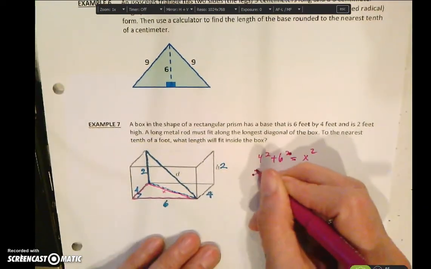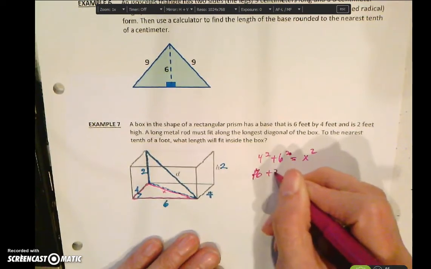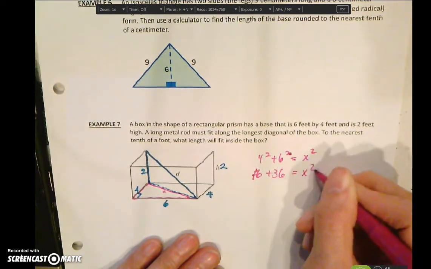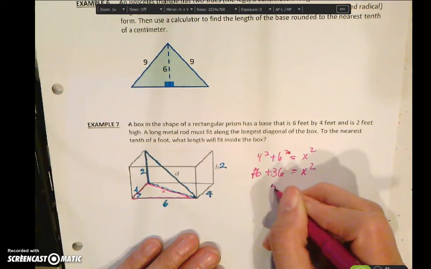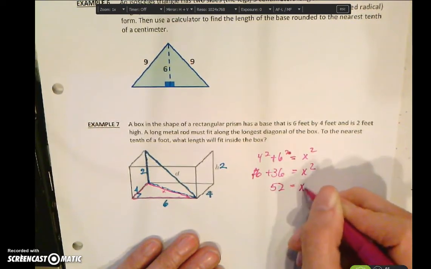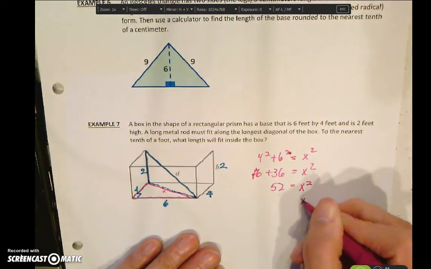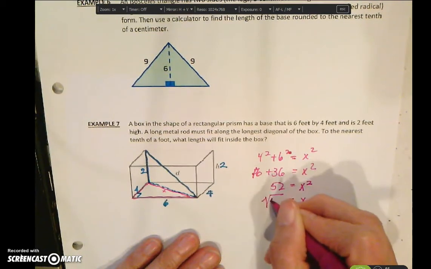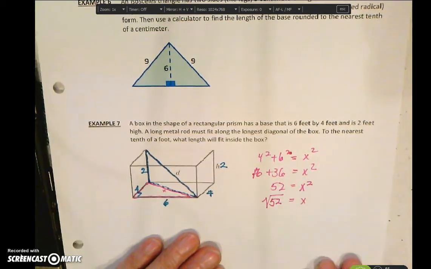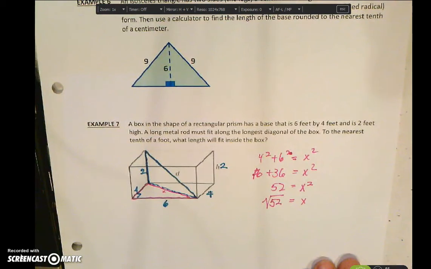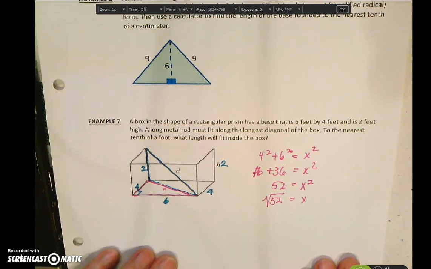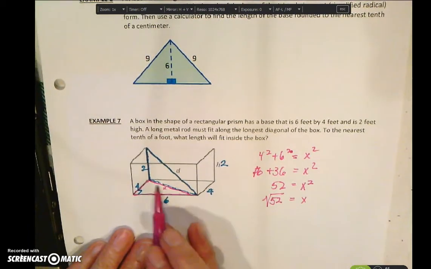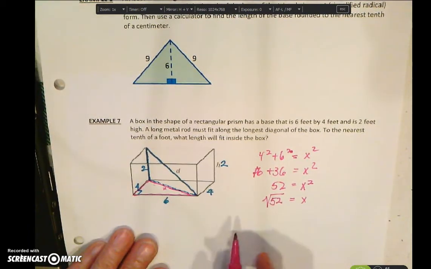So it's going to be 16 plus 36 is equal to x squared. I'm going to add it, and that's going to be 52 is equal to x squared. So x is equal to the square root of 52. Now that might simplify, but I'm not going to do it in the middle of a problem. I may in a minute, but for right now, no. So my x right here is square root of 52.